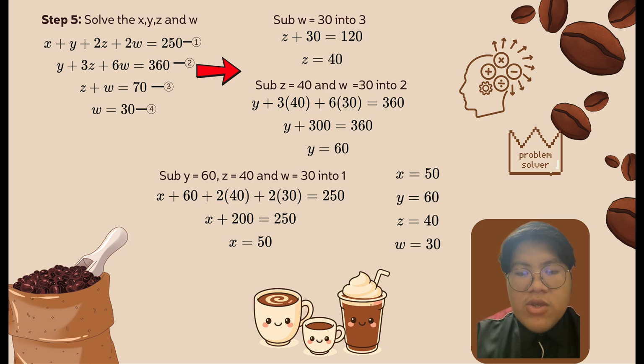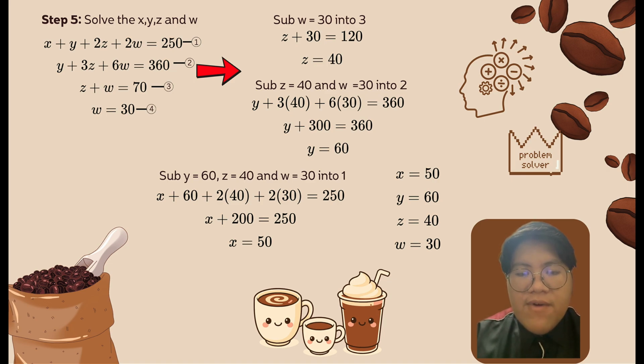Finally, we substitute all three known values, y equals 60, z equals 40 and w equals 30, into equation 1. This gives us x plus 60 plus 2 multiplied by 40 plus 2 multiplied by 30 equals 250, which gives us x equals 50.